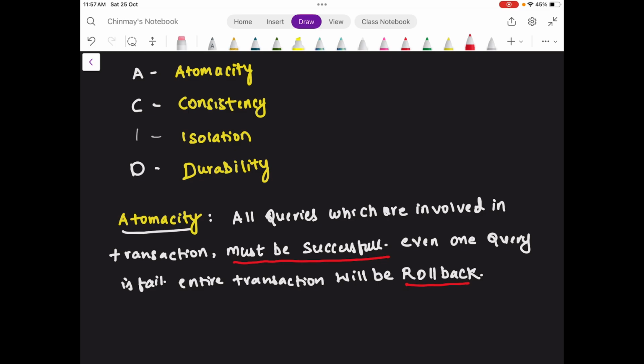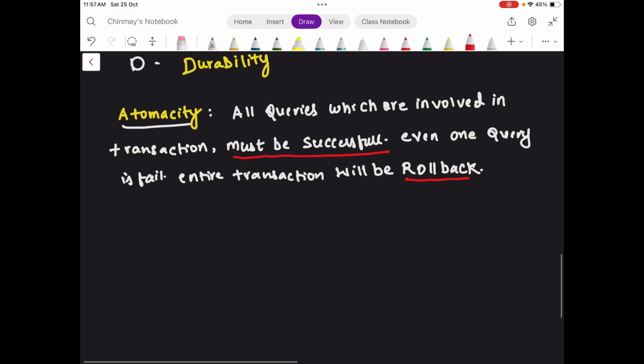For example, if there is no atomicity, what happens? Let's see.